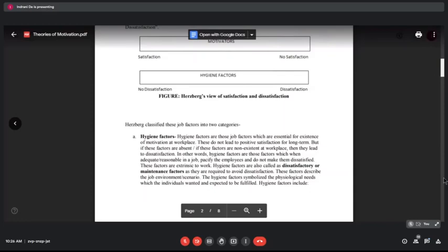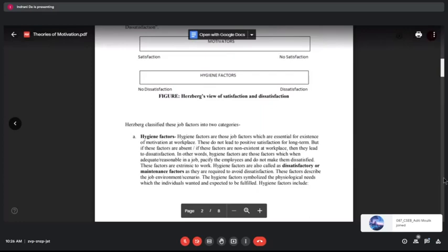But if these factors are absent, or non-existent at the workplace, then they lead to dissatisfaction. If you are not getting payment, that will lead to dissatisfaction. Fine. Hygiene factors are those factors which, when adequate and reasonable in a job, pacify the employees and do not make them dissatisfied.